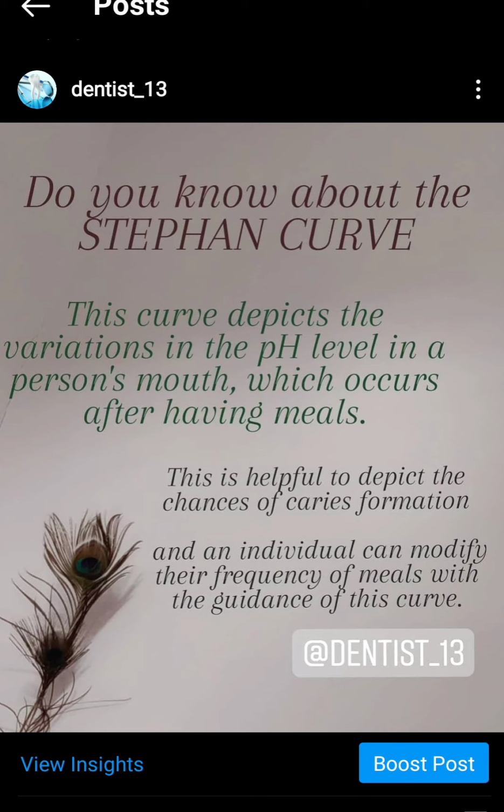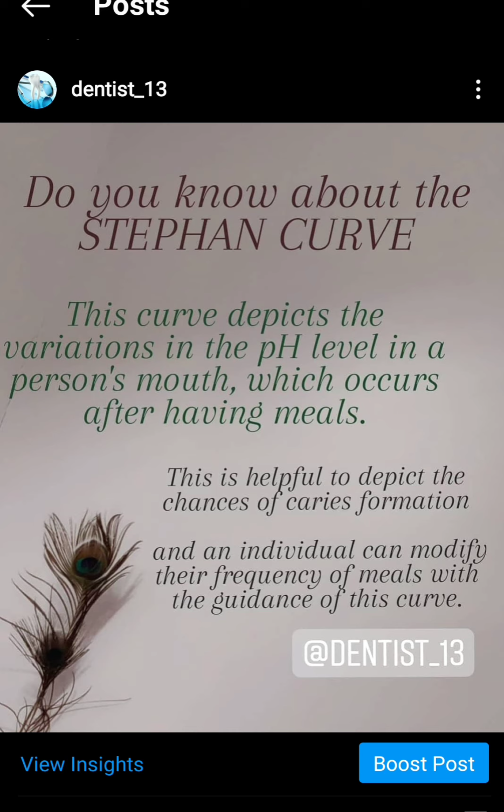Stephen Curve is something which tells us about the pH level which changes during the time a person eats of a sugary content, mostly sugary content, but it changes or it varies from the neutral pH to different pH levels with each and every meal.